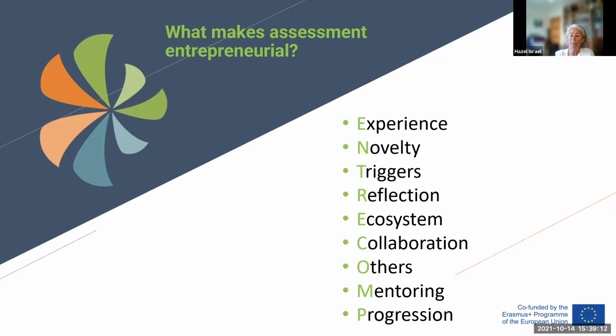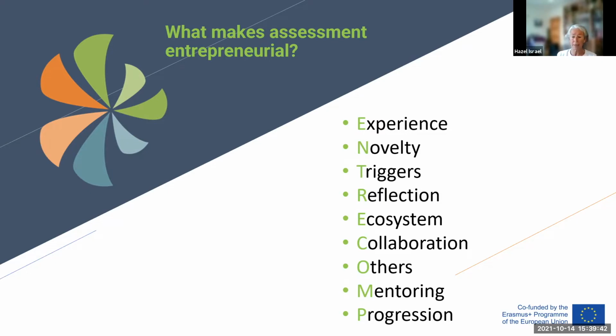For example, experience is about planning the entrepreneurial learning experience. Novelty focuses on new value creation. Triggers is about engaging learners with triggers for emotional learning so that it's meaningful for them and purposeful. Reflection then uses reflection to make the learning visible so that we can evidence the impact of our efforts.